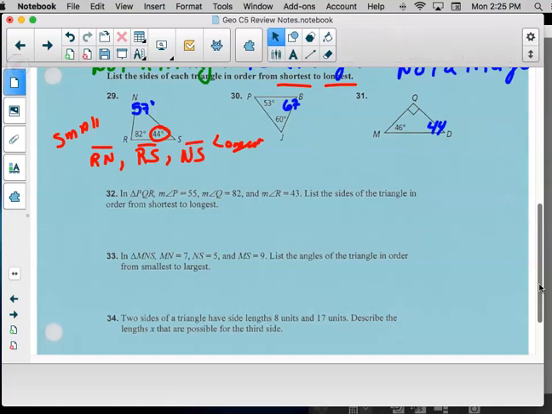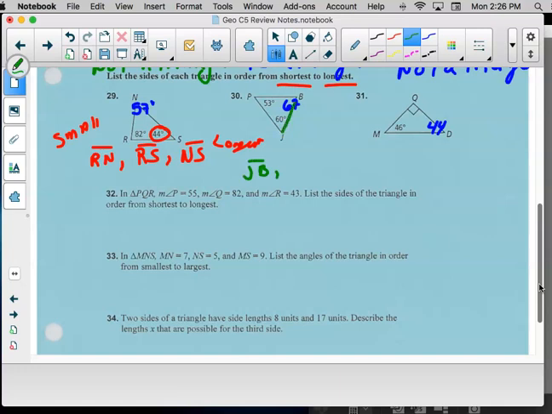There. Now, I'm going to do the same thing in 30. Well, JB is the shortest side. That's JB, it's opposite 53. PB is my next size side, and JP is the next one.